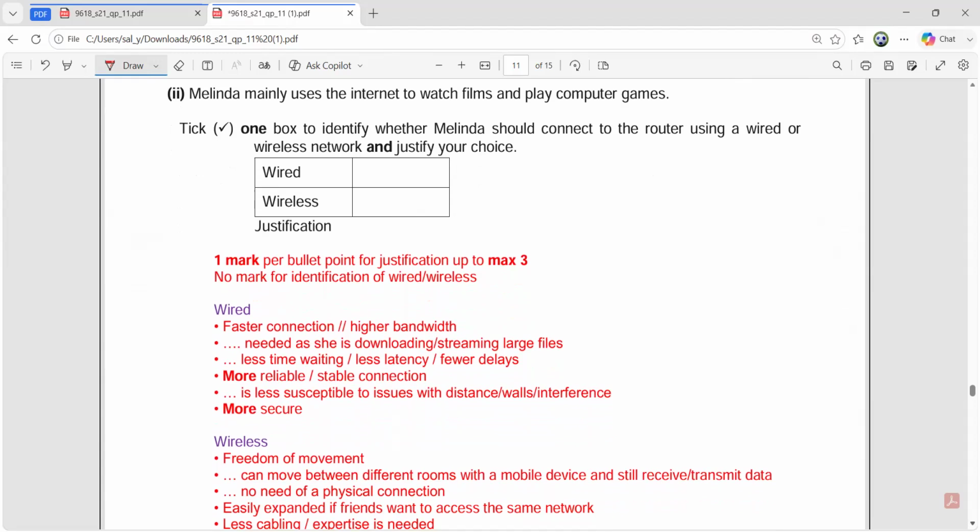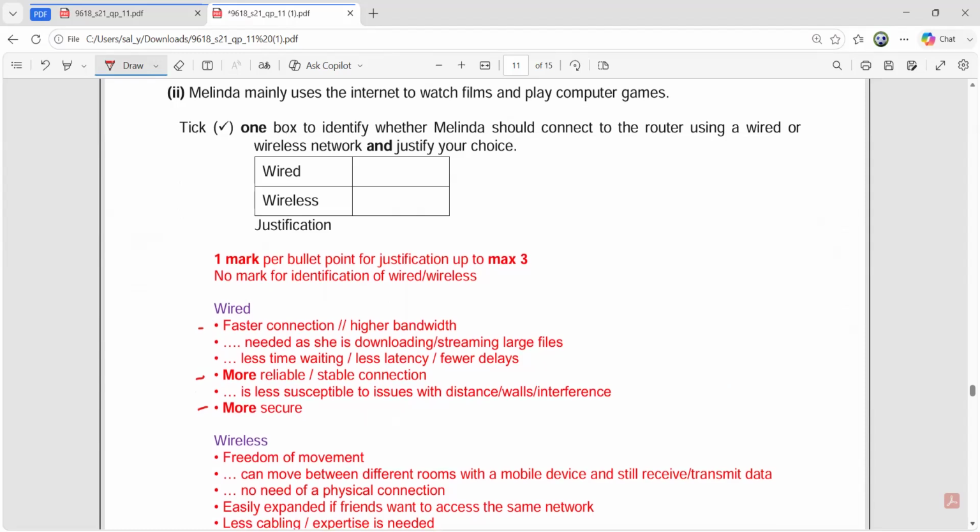Less interference, less distortion. And most important, a wired network is more secure. So if I have chosen these points and described them properly, my 3 marks are going to be mine.